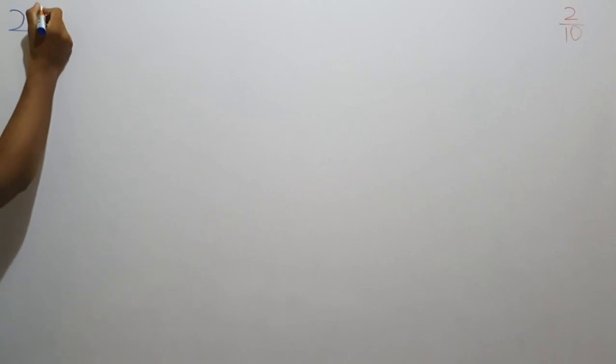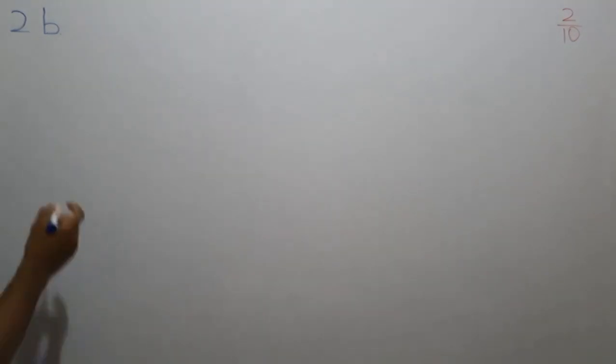So part B, second question part B. A group of 160 adults each completed the same task. The table shows the number of errors made by each of these adults.